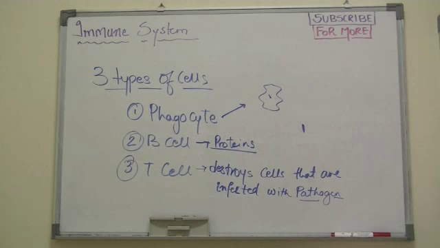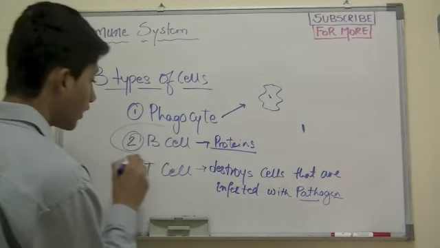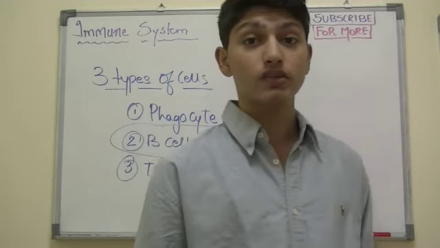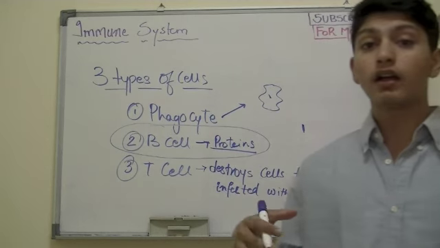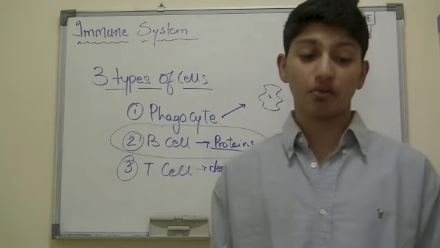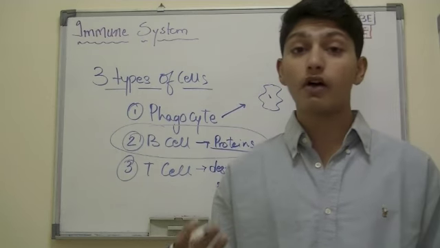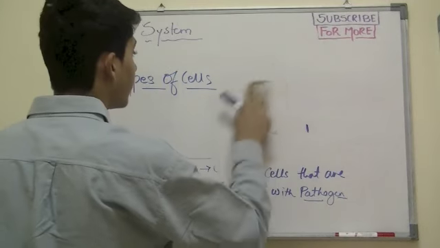Okay, now these are the three different types of cells. Like we mentioned, the B cell carries proteins, and it turns out that there are three different types of proteins that also help us protect our body from intruders. So just as there are three different types of cells, there are three different types of protein.